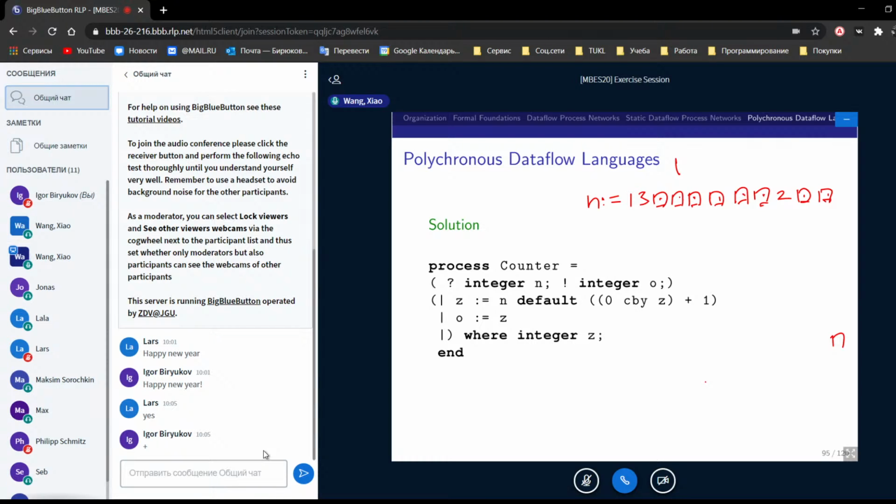So what is f of z? Let's assume that this whole thing is a function f because it's a composition of nodes, and n is known. 0 is of course known. 1 is also known. So it's actually a function on z.